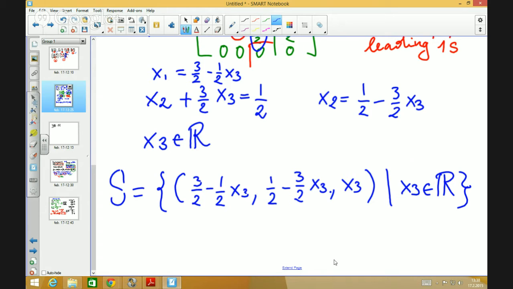And the free variables, the variables of which the leading variables will be a function, are all of the variables that you can freely make range over the collection of real numbers.